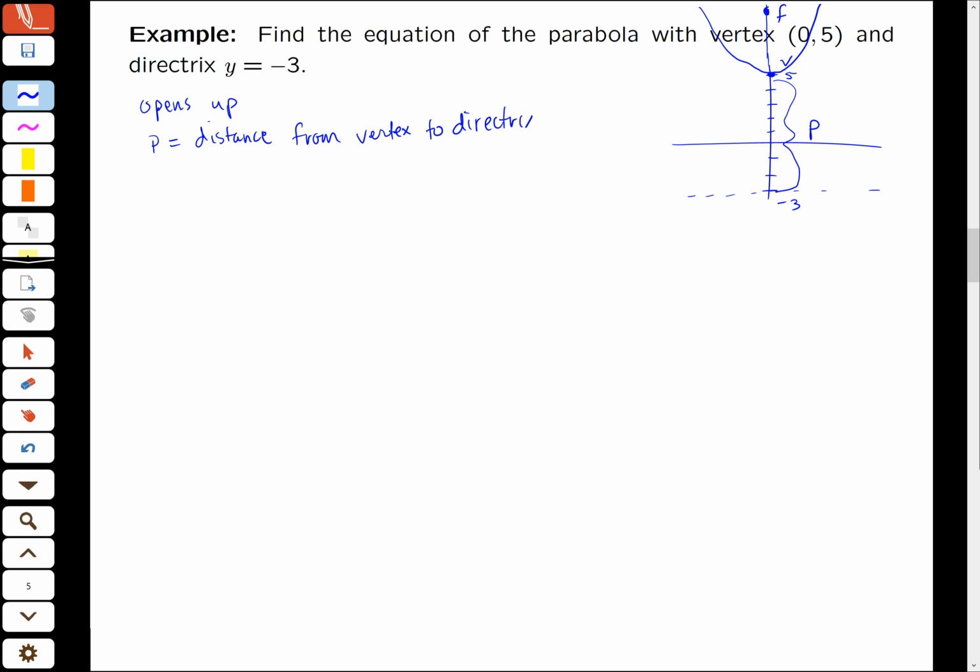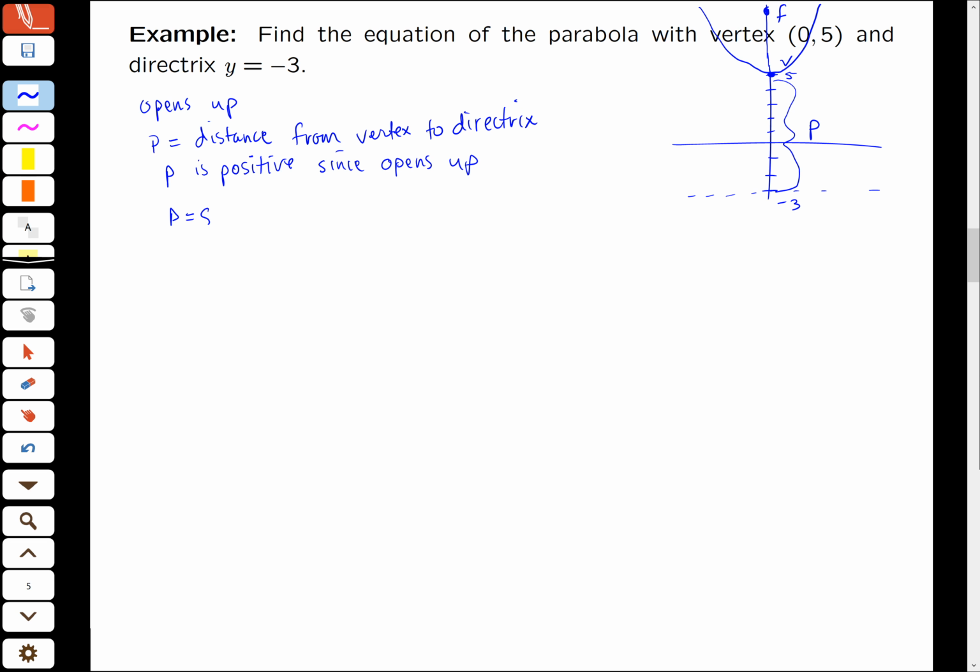Is p positive or negative in this case? Positive, because it opens up. So let's find what p is. What is that distance from negative 3 up to 5?